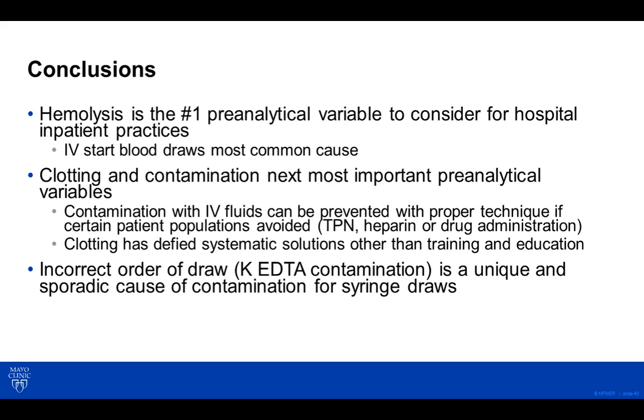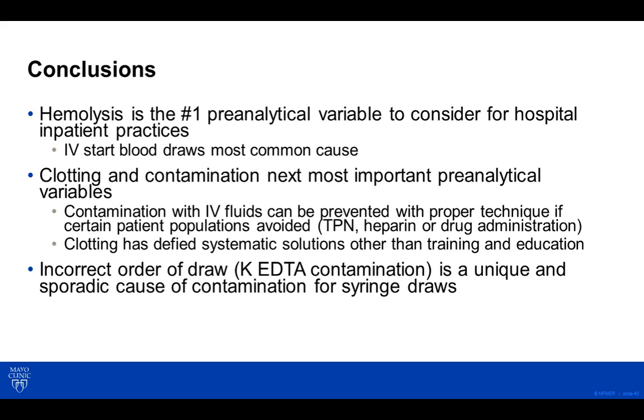Clotting and contamination are the next most important pre-analytical variables. Contamination with IV fluids can be prevented. Again, it's not in the lab's control, but to be aware of, if you can discontinue IV solutions for 2 minutes, do a 5 cc discard at a minimum. Again, that's a kind of routine or minimum.